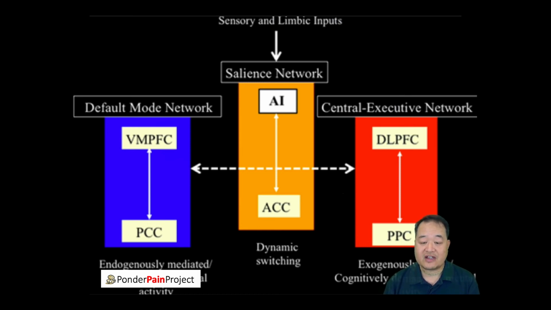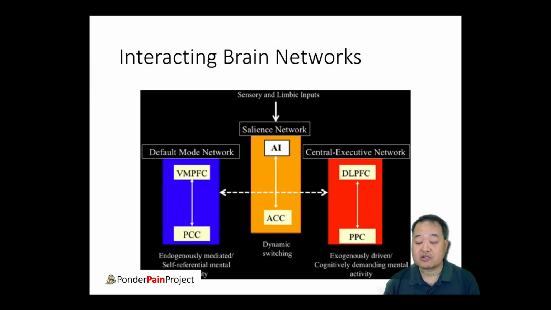When we start to activate the salience network, we activate the anterior insular cortex and the anterior cingulate cortex. And then when we start to modify our first original thoughts, we get to our dorsolateral prefrontal cortex and our PPC cortex as well. Okay, and so these are the areas that are responsible for the different networks that we just talked about.